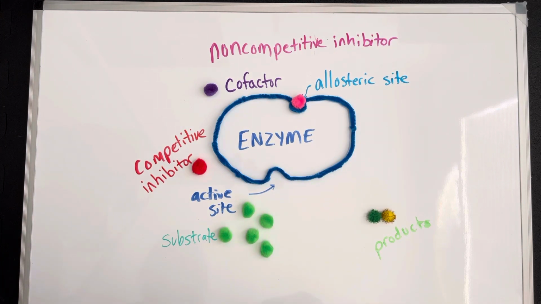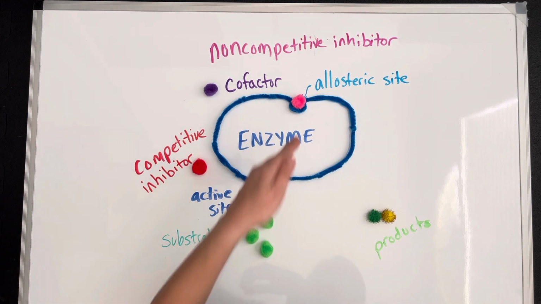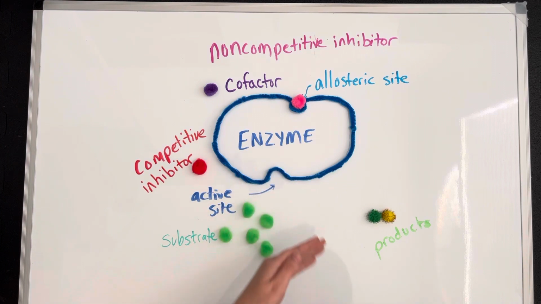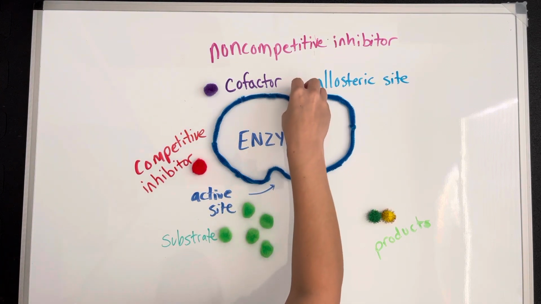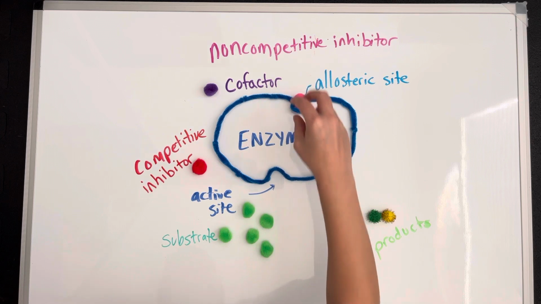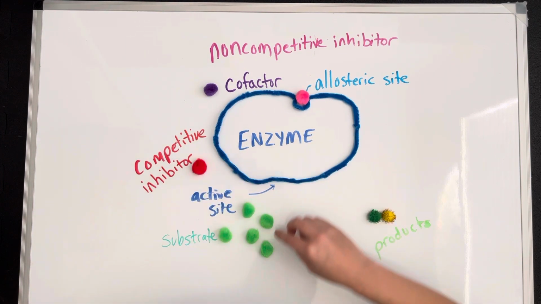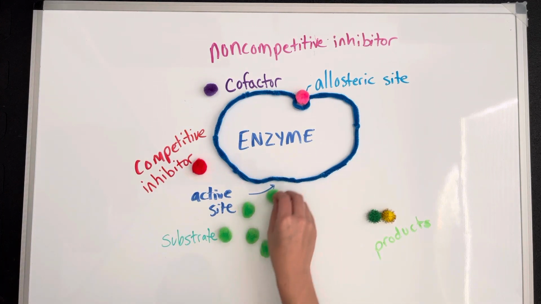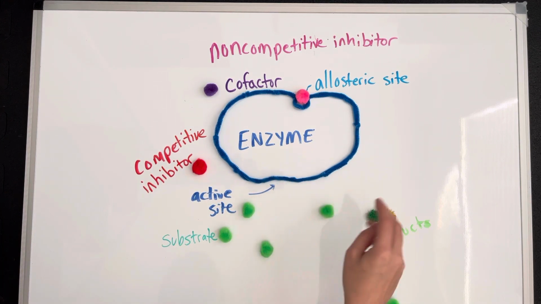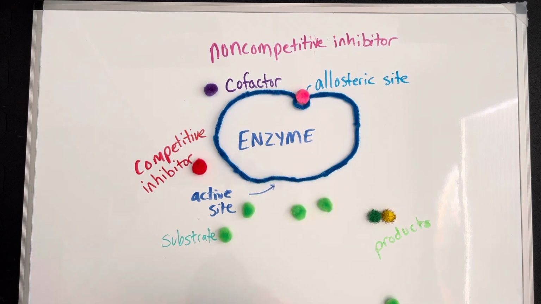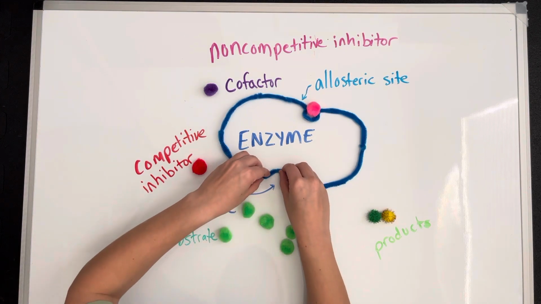Our non-competitive inhibitor is non-competitive because it's not competing for the active site. What's going to happen when a non-competitive inhibitor binds is it actually changes the shape of the active site. So now the substrate doesn't even fit. It can't even bind. So no reaction can happen whatsoever, right? So let's put it back.